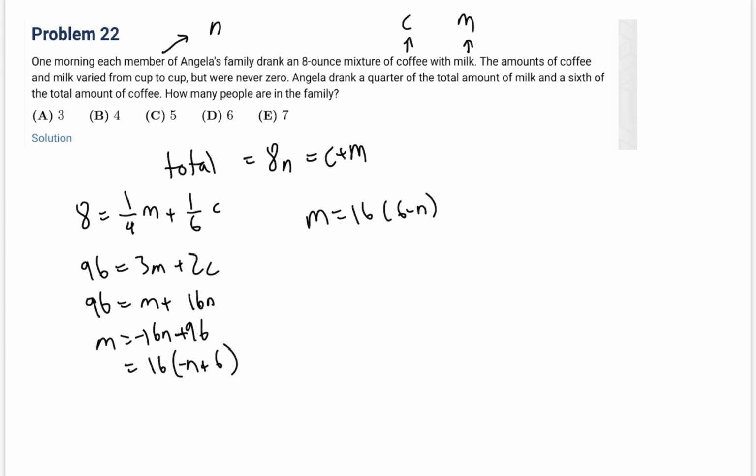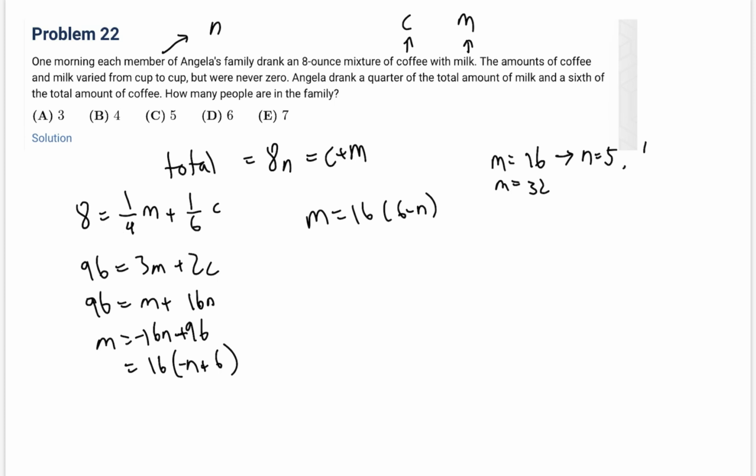from now we have to assume m is a different amount, so m must be a multiple of 16. If we try out m is 16, then n should be 5, and if m is 16, then we put it in here.